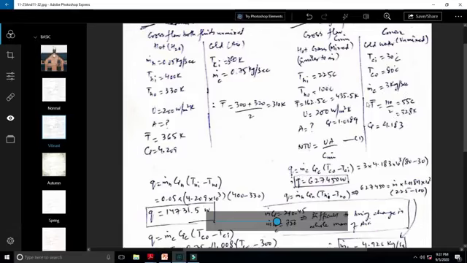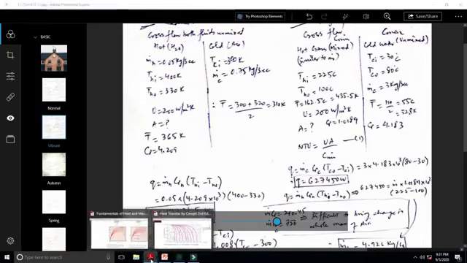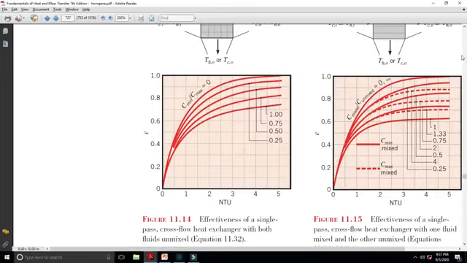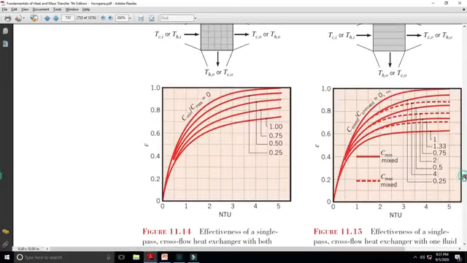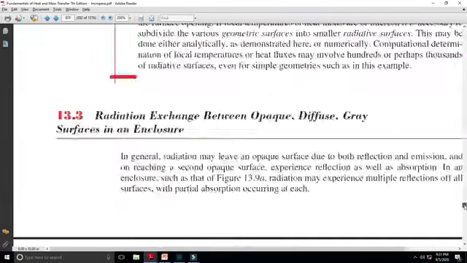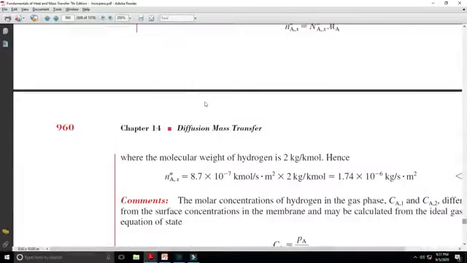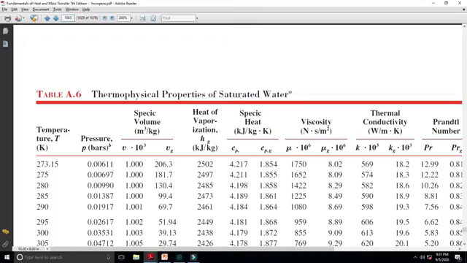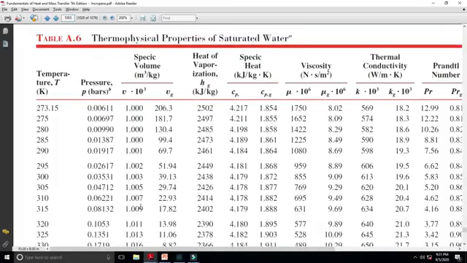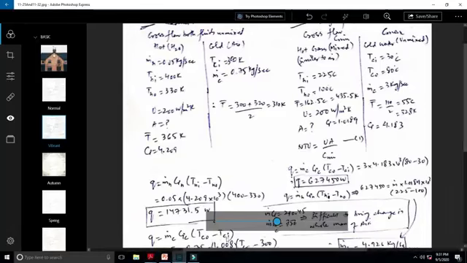The average temperature will be 55 degrees Celsius, meaning 328 Kelvin for water, and we will then find out the properties of water at that particular average temperature, which is 328 Kelvin.